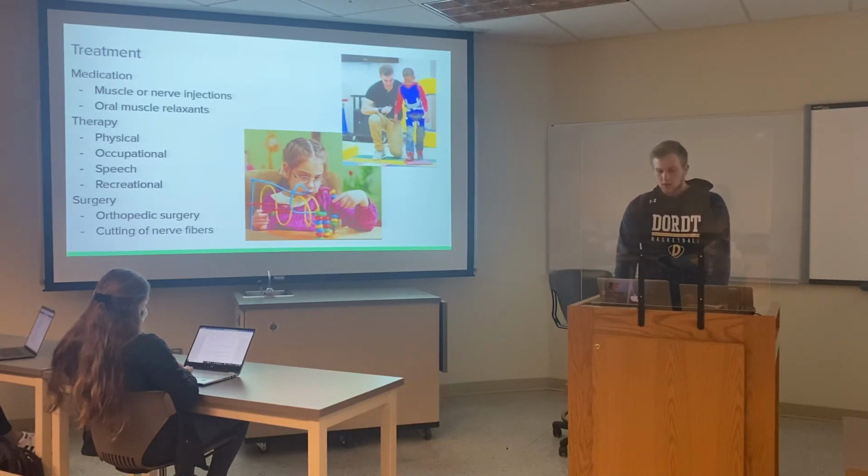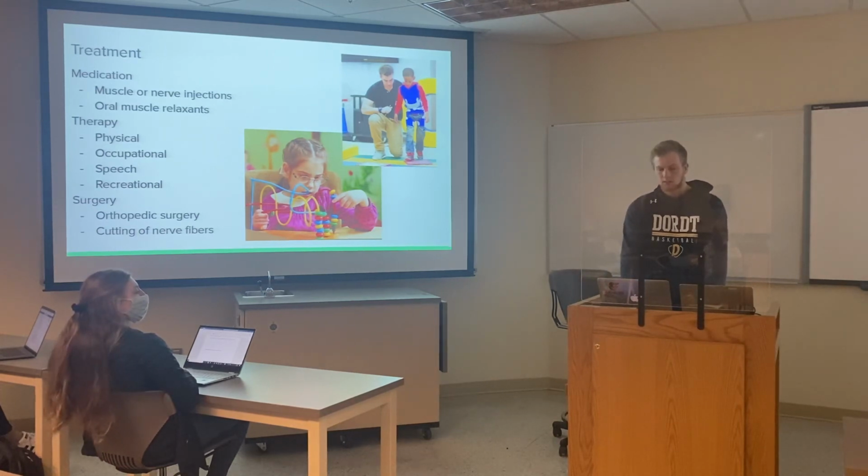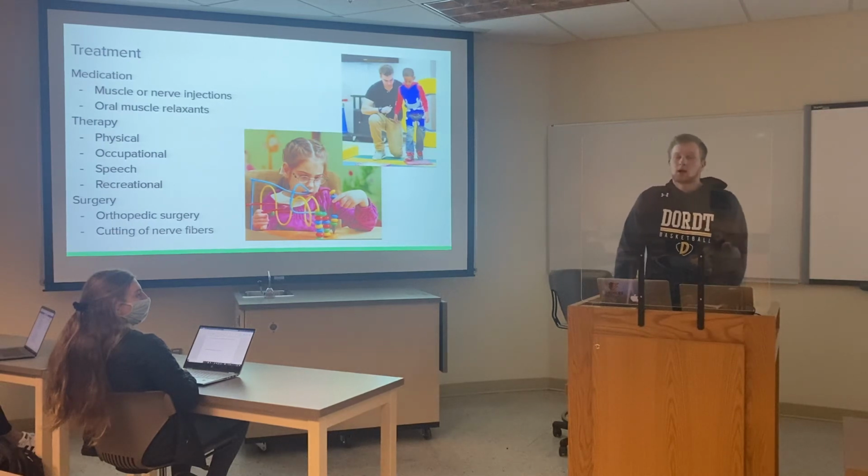And your child may require this if they have severe bone or joint malformations that may arise due to their compromised muscle condition. And then also the cutting of nerve fibers. This is a surgery that is done so that your child can deal with less pain, and they won't be dealing with a great amount of muscle pain.